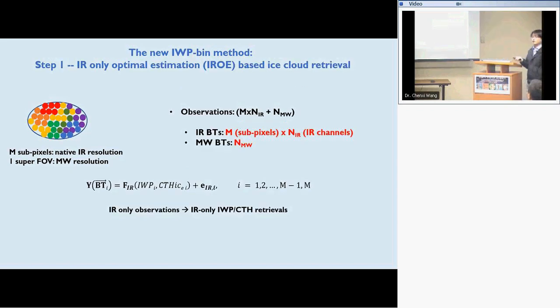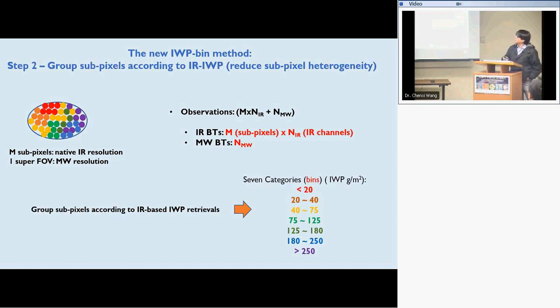First, we conduct infrared-only optimal estimation retrievals for each pixel, using infrared observations only. In this case, we can write the equations from infrared and retrieve IWP and cloud top height for each pixel. This is step 1.